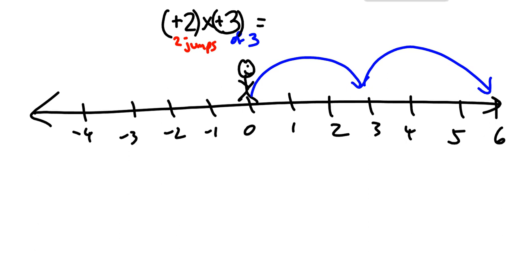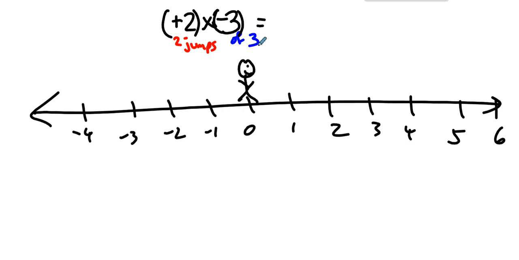Whereas if we were to make 2 jumps of negative 3, what would it mean to make 2 jumps of negative 3? Well, in our number line model, this second number, this negative 3, means go backward 3.